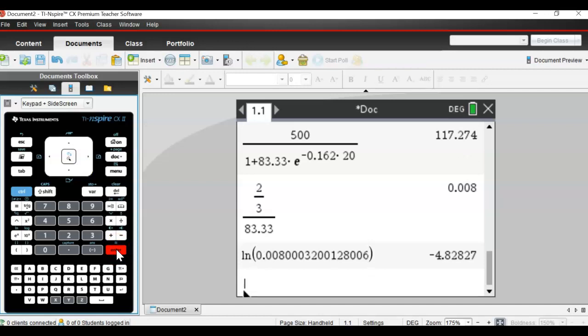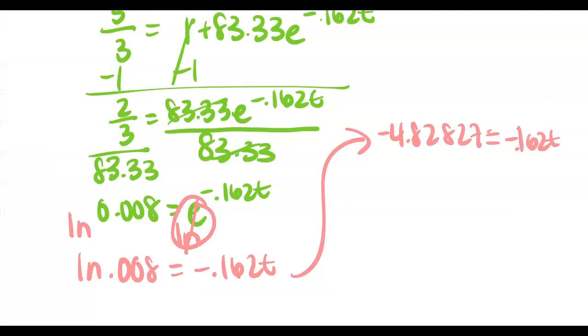Negative 4.824. Okay, almost got lost. Negative 0.162 t. Scroll back. And then I'll divide both sides by negative 0.162.